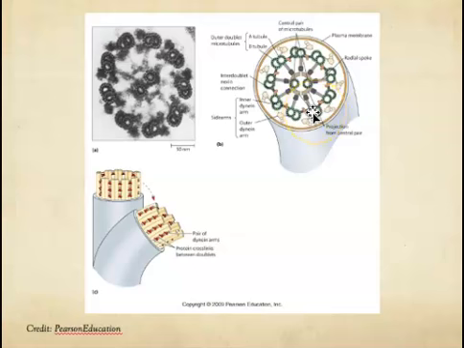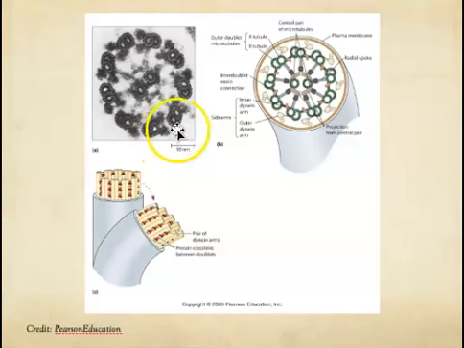Okay, so these are those microtubule structures in pairs. In the center, there's another pair, a central pair, and what connects them are these spokes. These spokes are axonemal dynein.